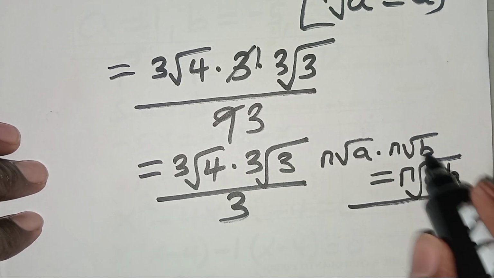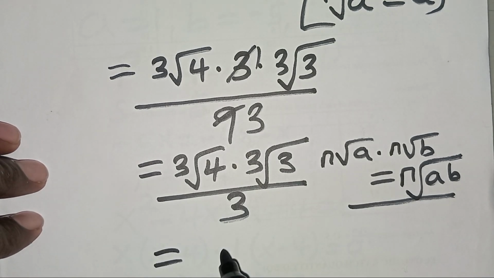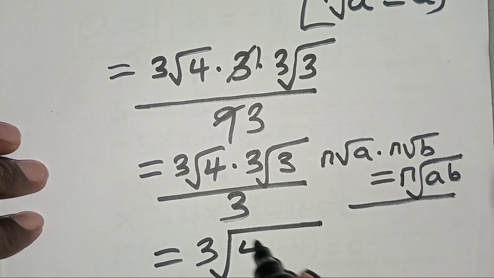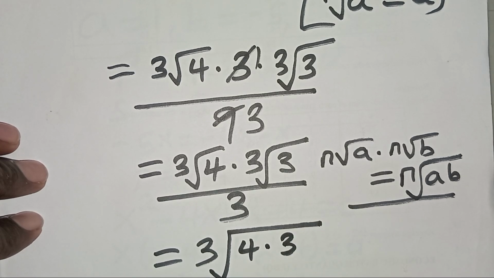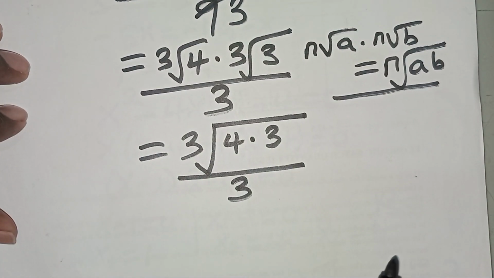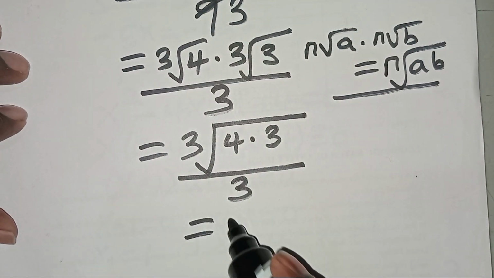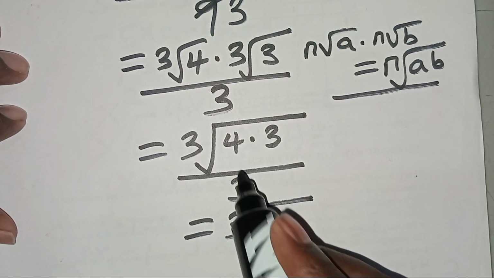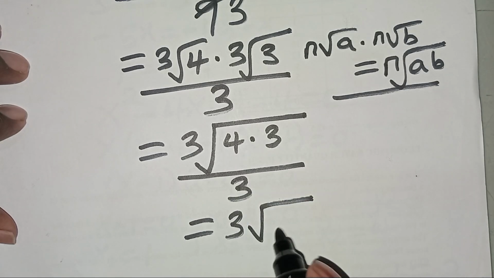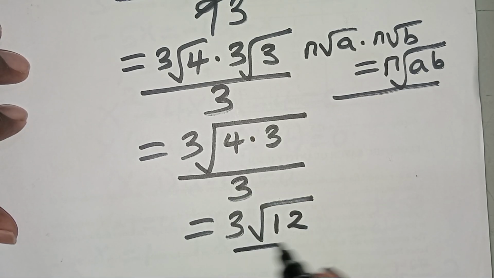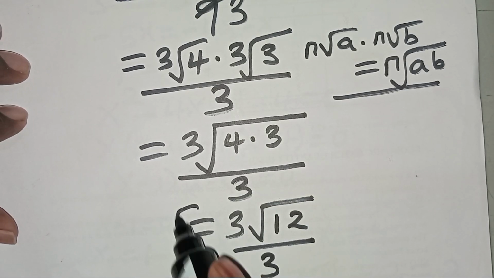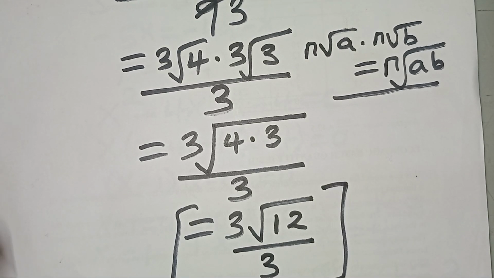Applying this property, in the numerator we'll have the cube root of 4 multiplied by 3, divided by 3. So we'll have the cube root of 4 times 3, which is 12, divided by 3. And this is the solution.